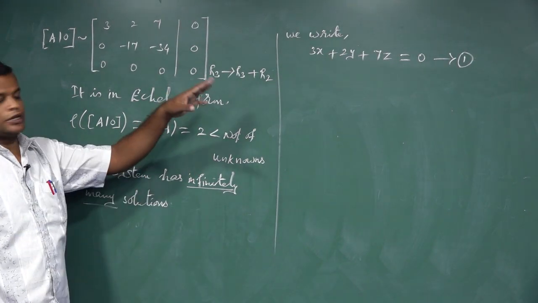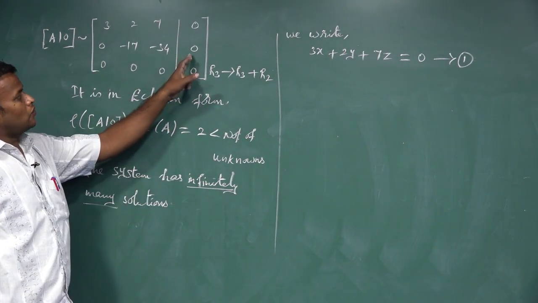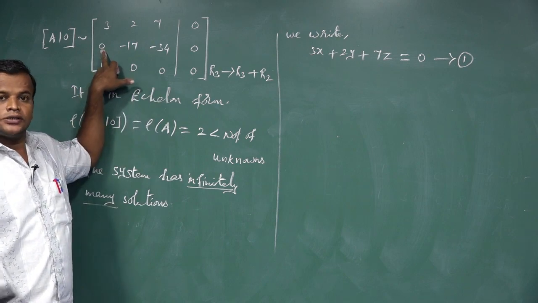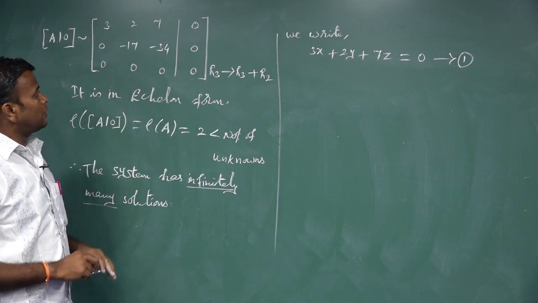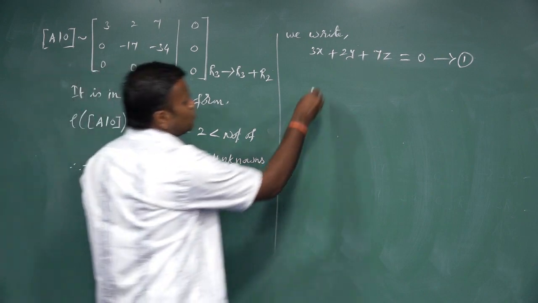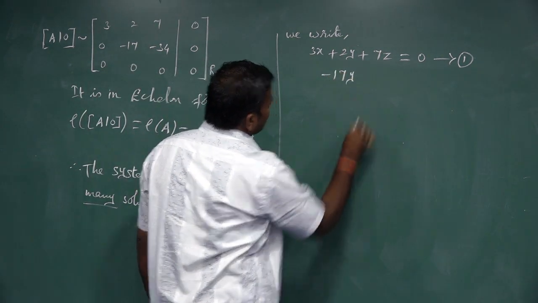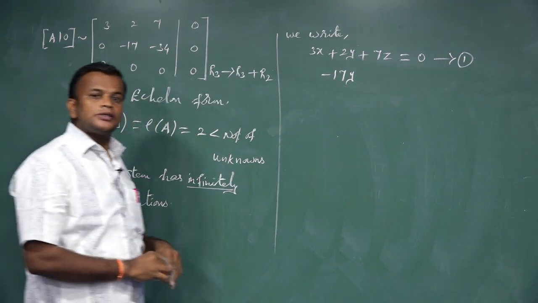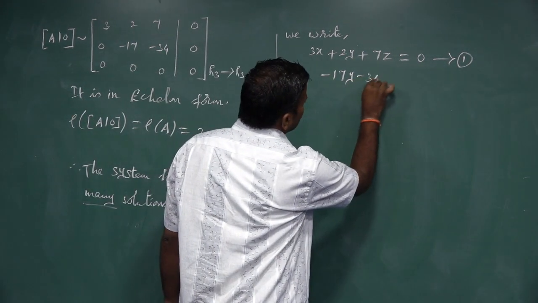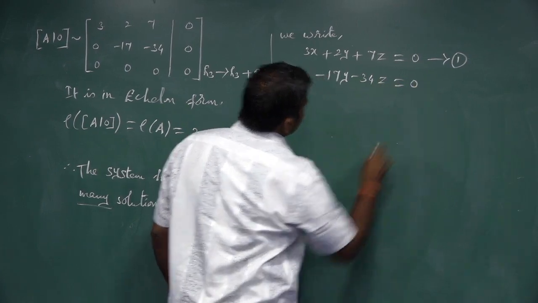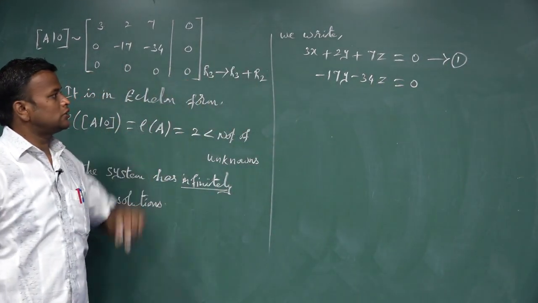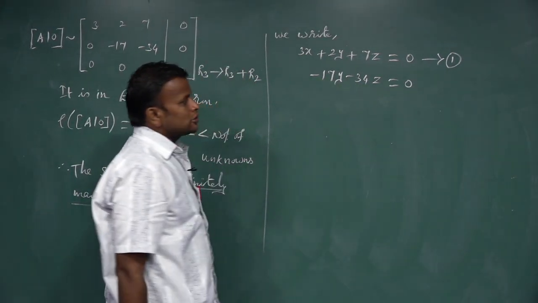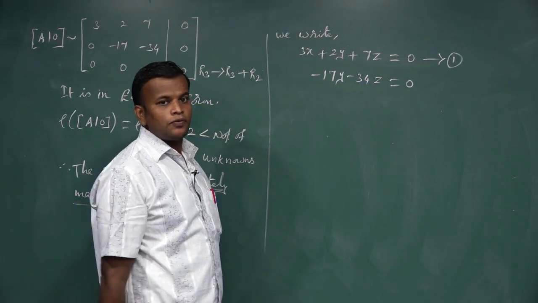Next, the second row becomes the second equation. You see the first one is 0; 0 into x is 0. Minus 17 into y is minus 17y. Minus 34 into z is minus 34z. The RHS is 0. Now you see the number 17 is common in both; 17 twos are 34.